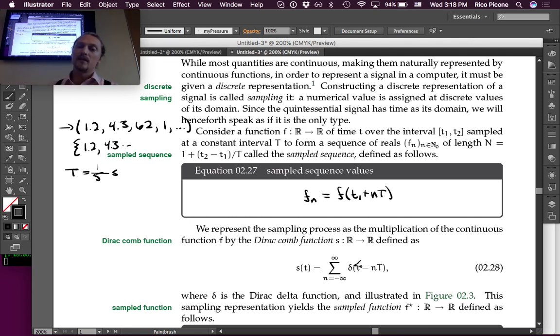Remember the Dirac delta function is 0 everywhere except at time equals 0, where it has a pulse, and the function evaluated at that point is not defined. It's like an infinitely high pulse, but we say that it has an area under it of 1. So if you integrate over the Dirac delta function, you get 1.